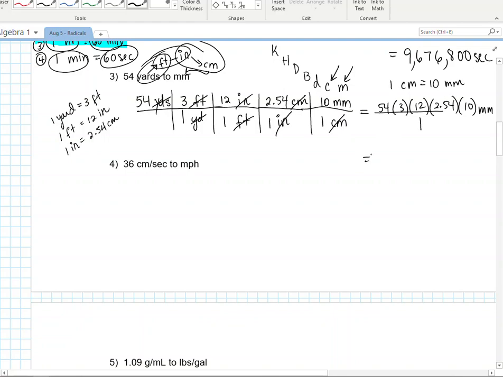That's 54 times 3 times 12 times 2.54 times 10. 49,378 millimeters.